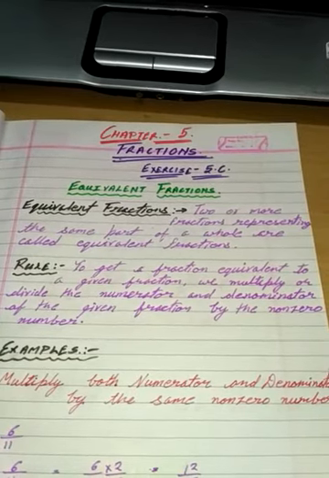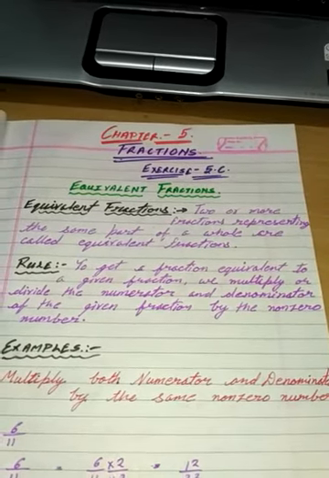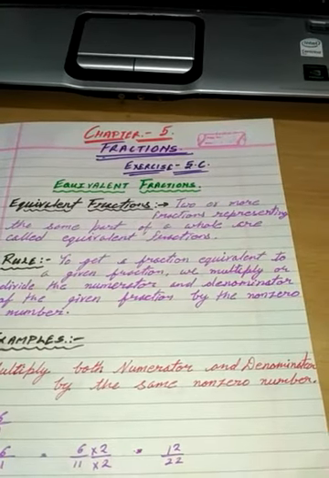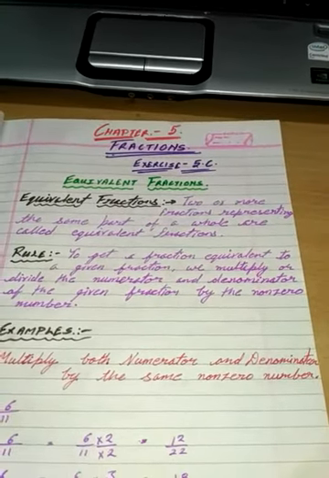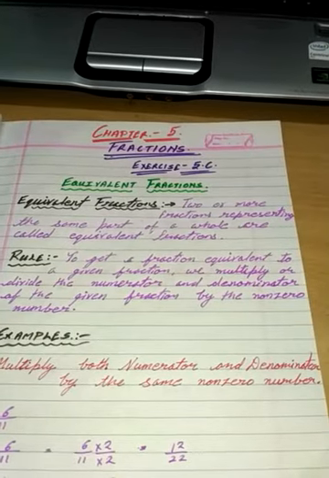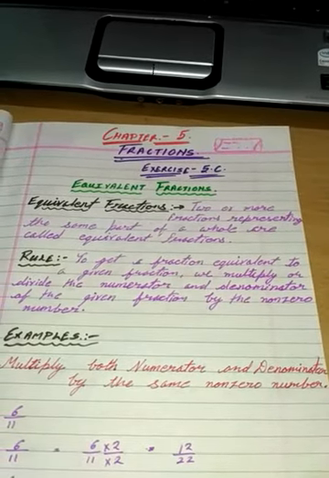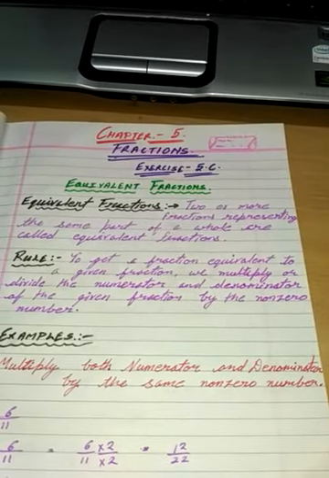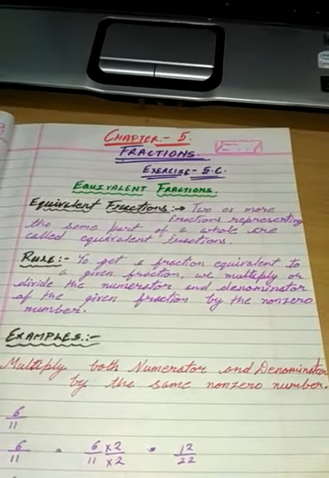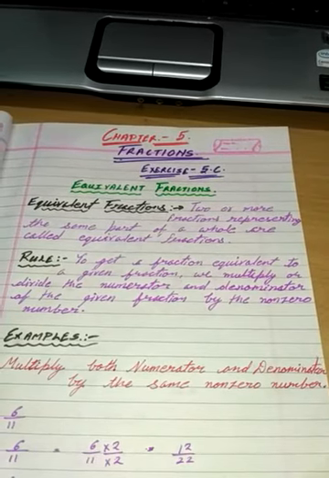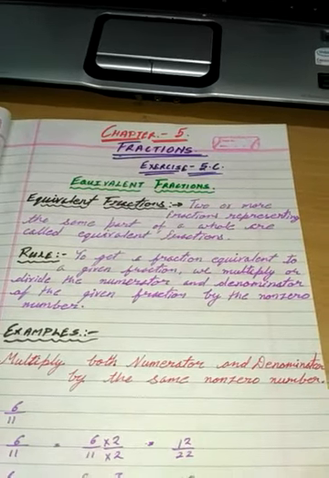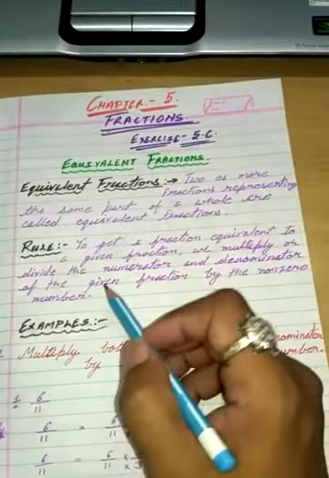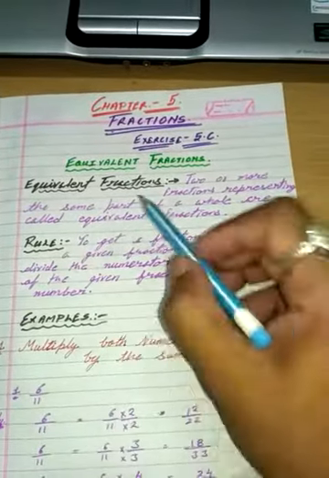And the second one is you can make an equivalent fraction by dividing both numerator and denominator by the same non-zero number. Such fractions are known as equivalent fractions.